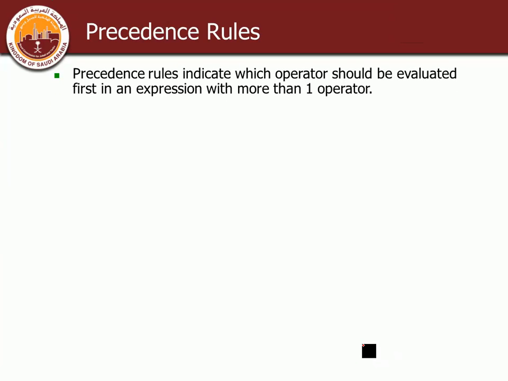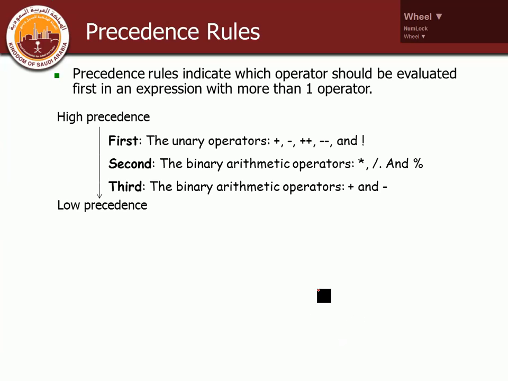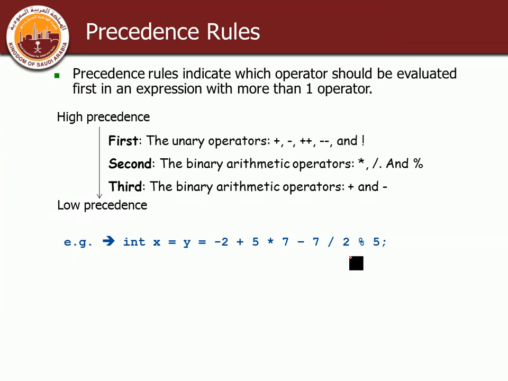Okay, one interesting thing is the precedence rules. This means which one we start with first when we have something like this, for example. What is the result of this operation? Start from -2.